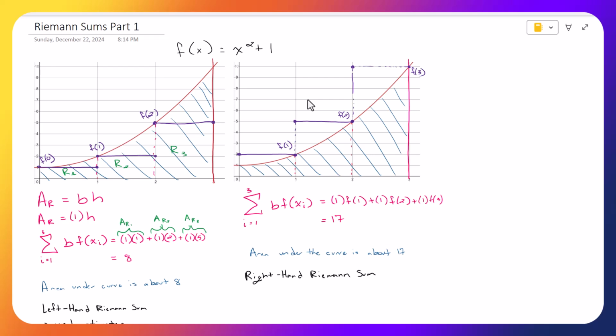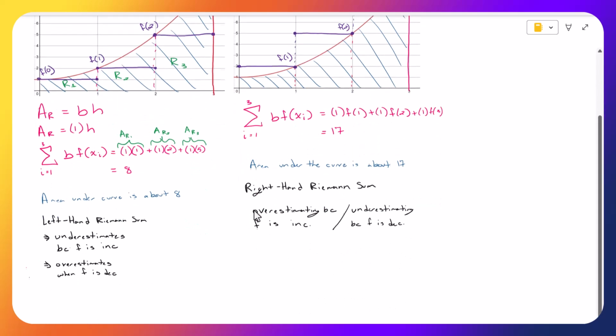Or we would be underestimating because f is decreasing. And I'll let you have some visual examples in class about what's happening there.